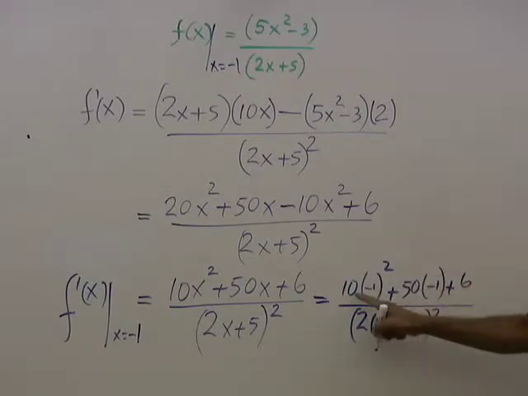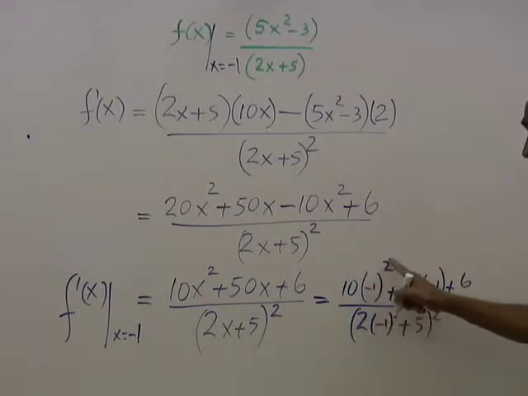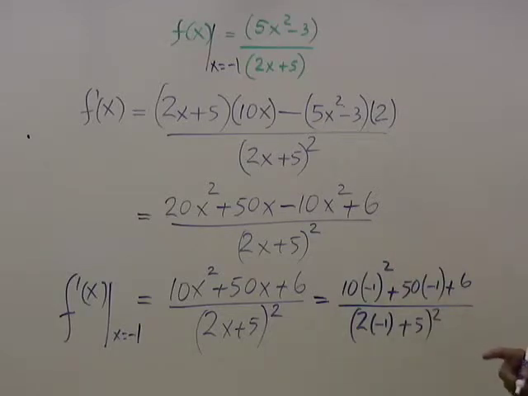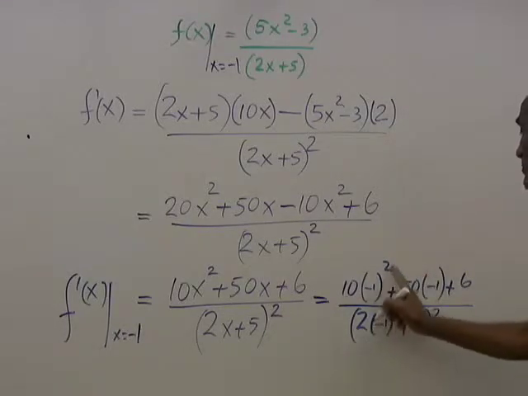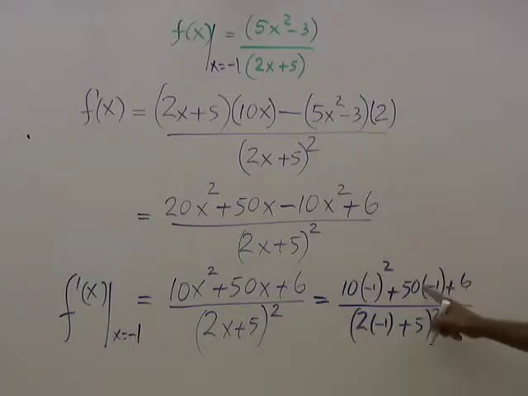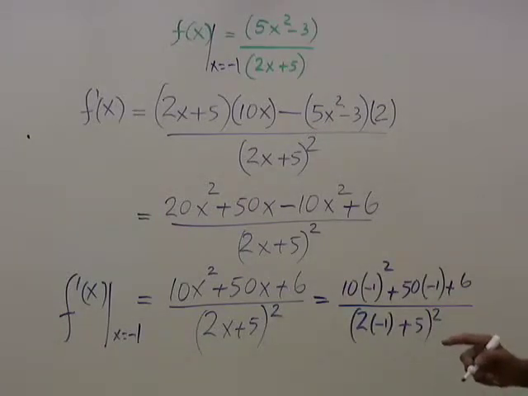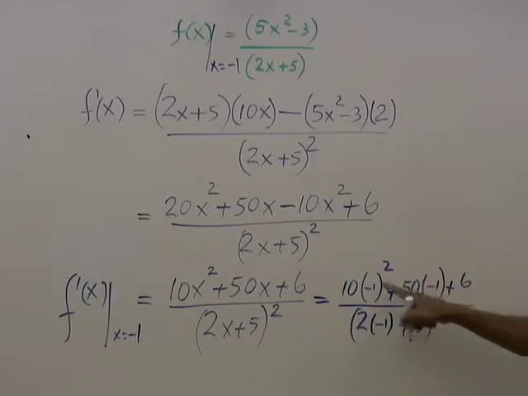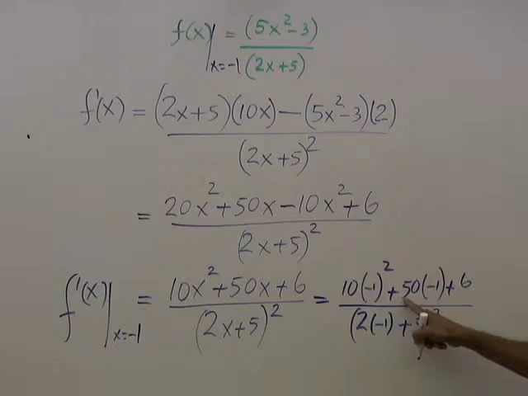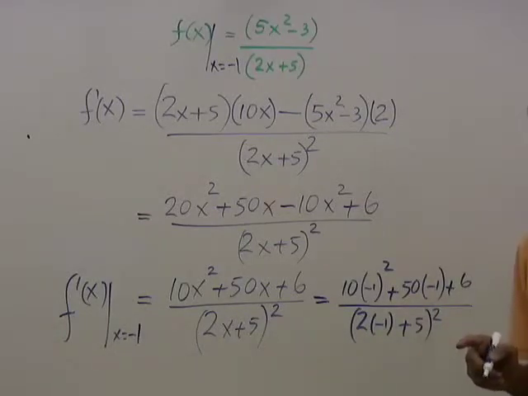Alright, can you simplify that for me? What will this simplify to? Negative 1 raised to the power of 2 is positive 1. So that will be positive 10. Now, 50 times negative 1 is minus 50. So this positive 10 minus 50 will be negative 40. Plus 6 will be negative 34.